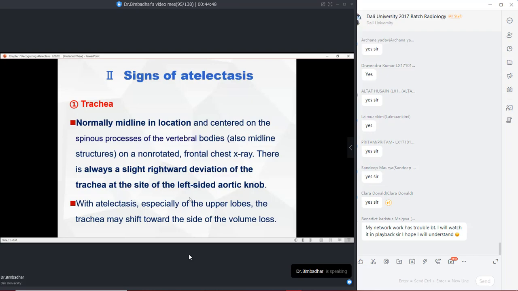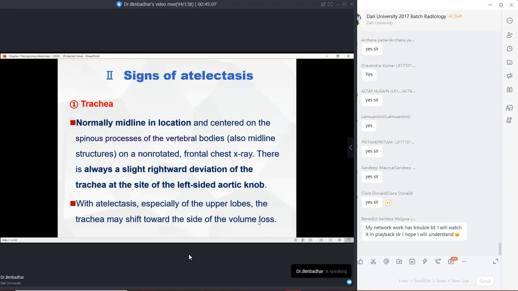You can almost see the spinous process shadow between the trachea, but still there is a slight rightward deviation. But with atelectasis, especially of the upper lobes, the trachea may be completely shifted towards the volume loss.